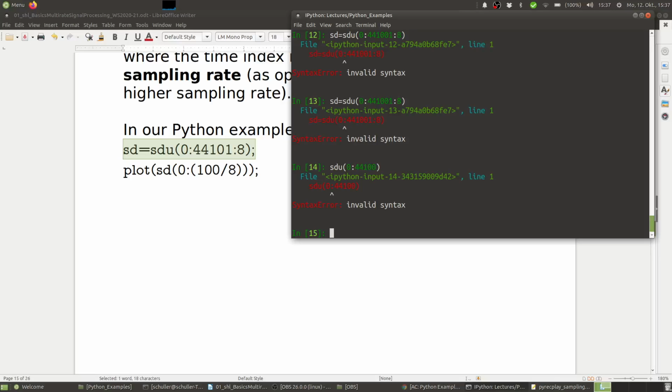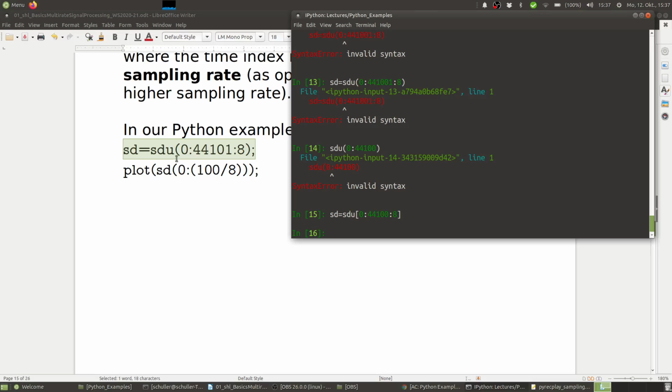Oh, of course, it should be square brackets. If you come from Octave or MATLAB, it's round brackets, but Python is using square brackets. So that's something to keep in mind. So this is our SD. Yeah, that works.